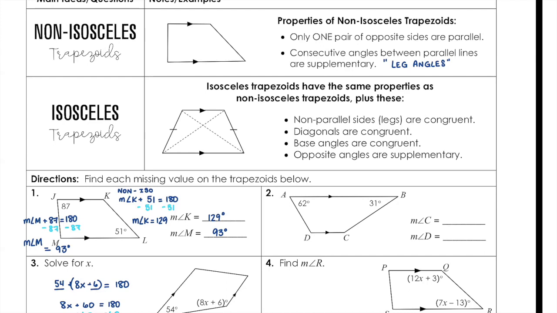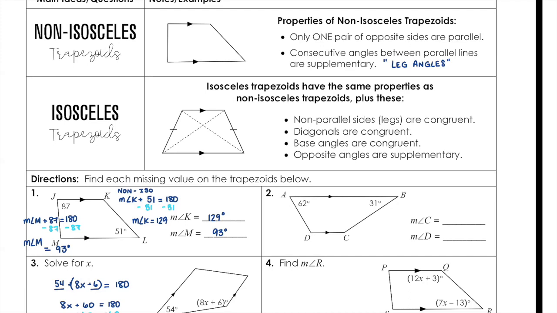The diagonals of an isosceles trapezoid are congruent. The base angles of an isosceles trapezoid are congruent. Were the base angles of an isosceles triangle congruent? Yes. So the base angles of our trapezoid are also congruent.